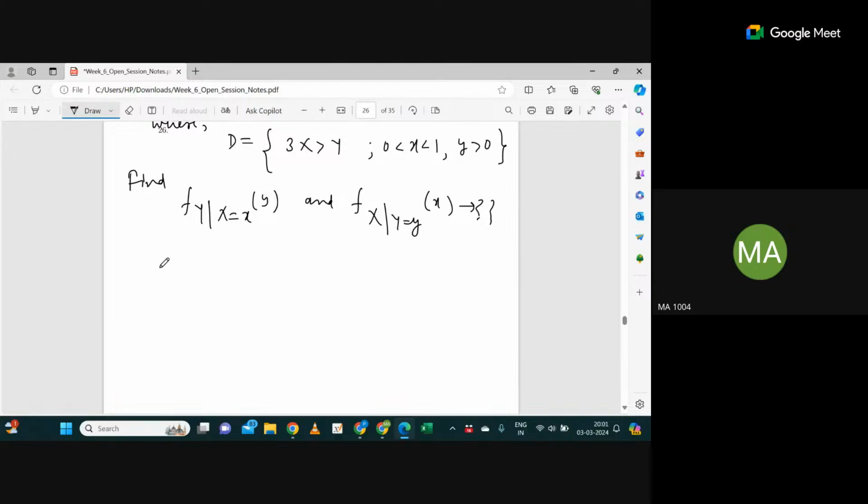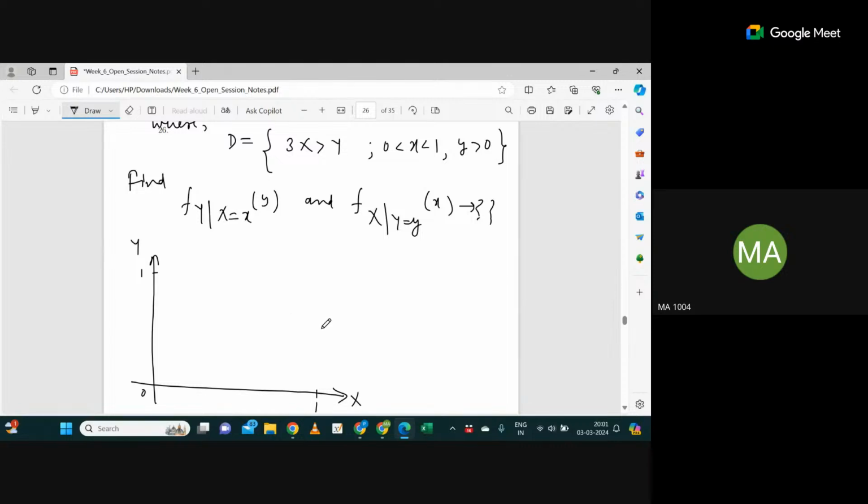Suppose let me draw the region properly. Suppose this is x, this is y. Suppose this is 0, this is 1. So y is greater than 0, it can take any value, not just 0 to 1.